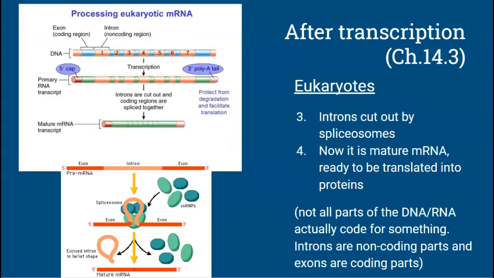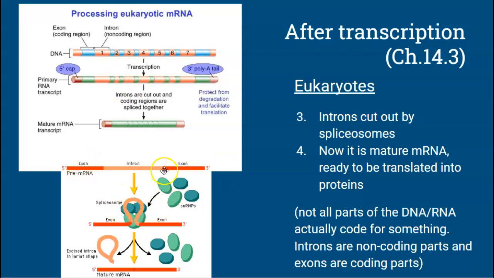And then also, we're going to have introns cut out. So in each gene, you have stuff that codes for something and stuff that codes for nothing, okay? The coding parts are called exons because they're expressed, and the non-coding parts are called introns. So the introns get cut out by these things called spliceosomes.